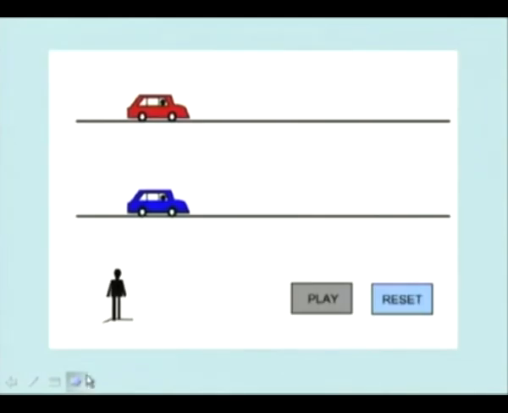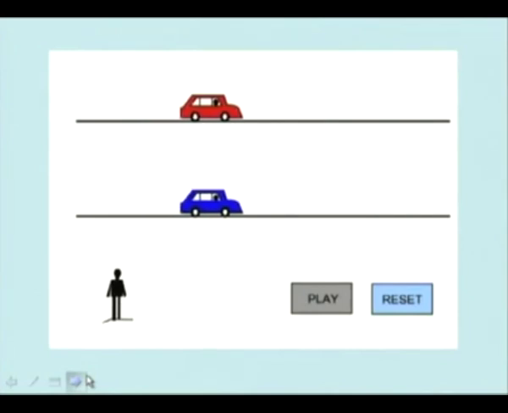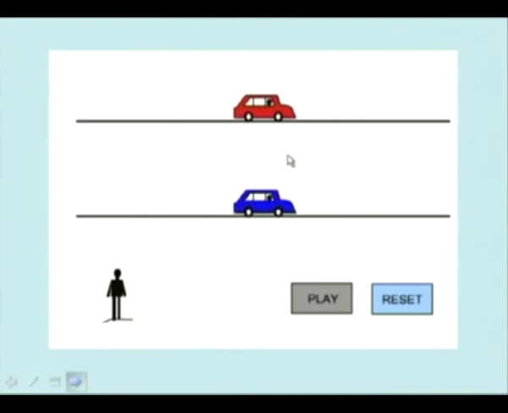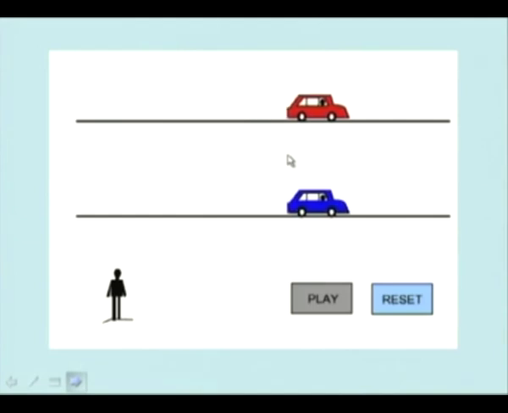Now, this is an animation showing the motion of two cars, a red car and a blue car. The driver in the red car always sees the blue car with it. Therefore, with respect to the red car, the blue car does not have any relative motion.